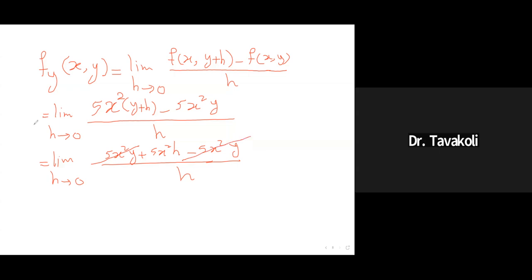What is left over is the limit as h tends to 0 of 5x squared times h on the top, divided by h at the bottom. H and h cancel out, so the only thing remaining is going to be 5x squared.